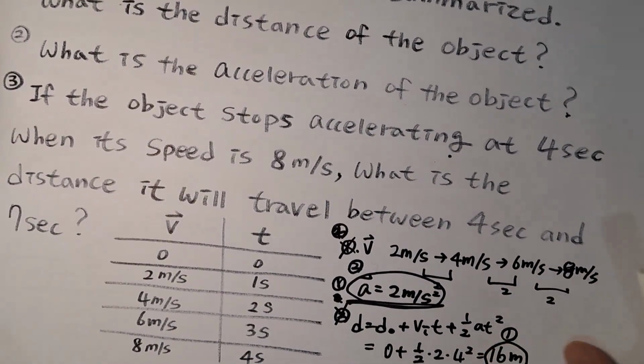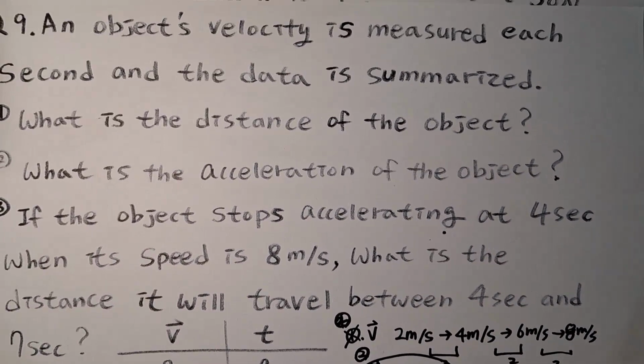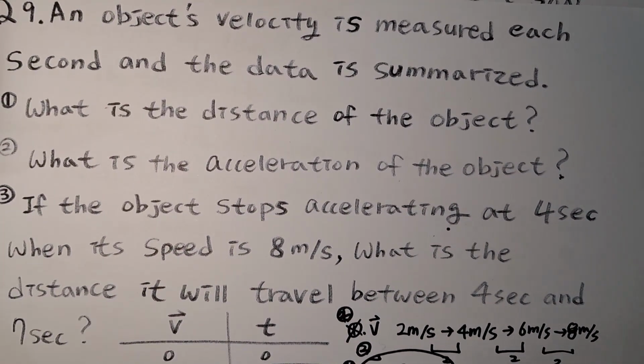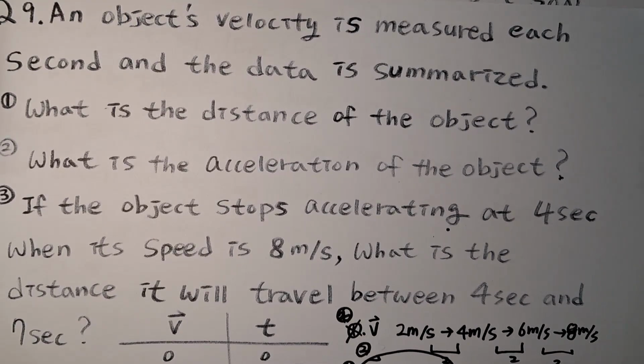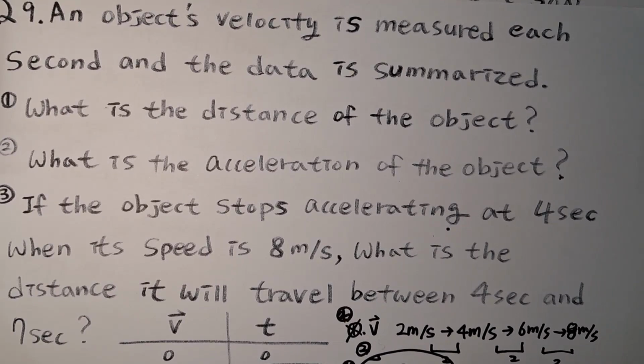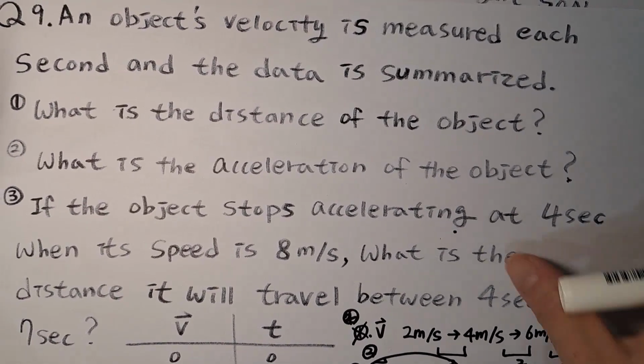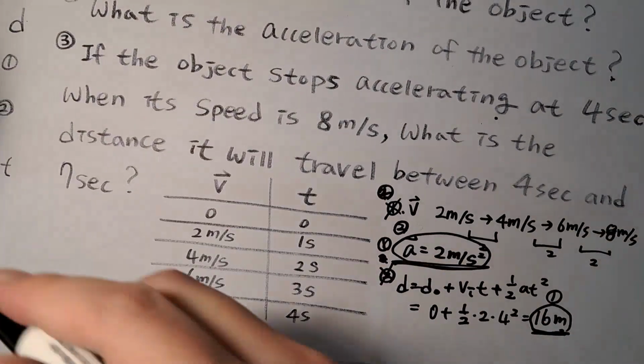And the distance traveled at the constant speed between 4 seconds and 7 seconds is going to be this.